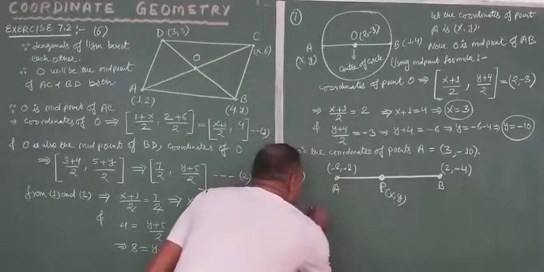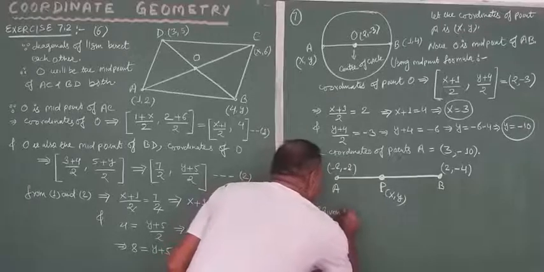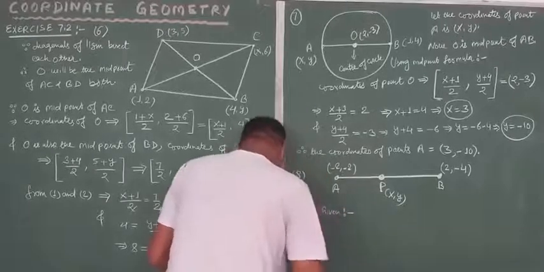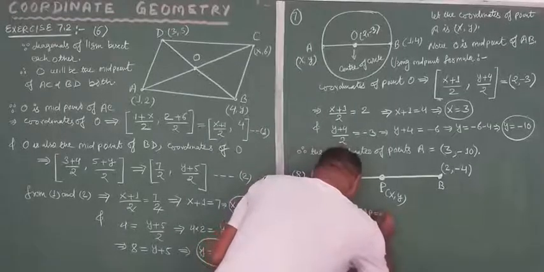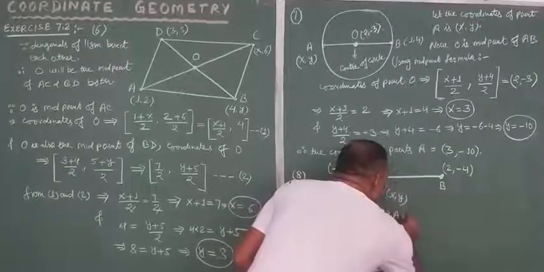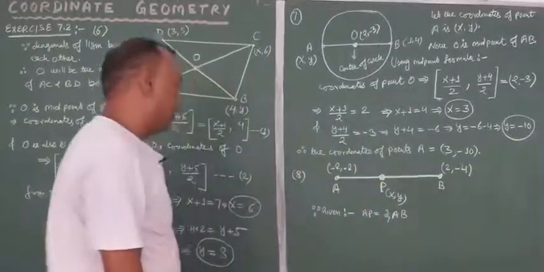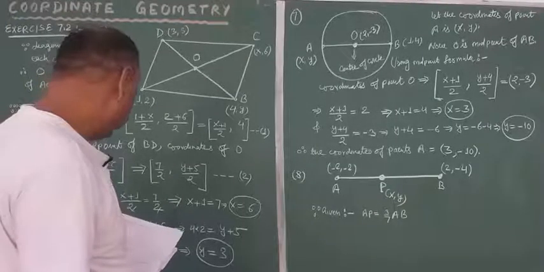And since it is given that AP is 3 upon 7 AB.